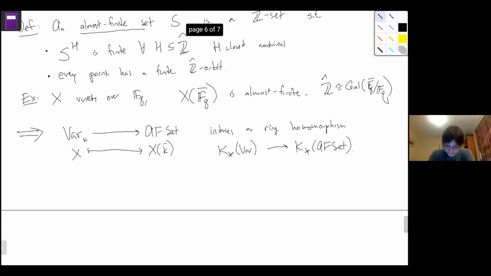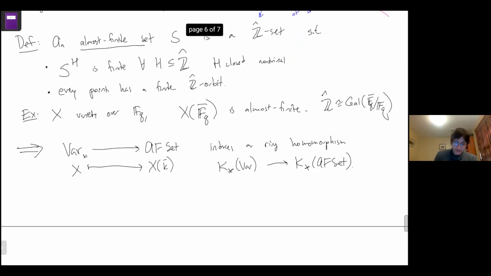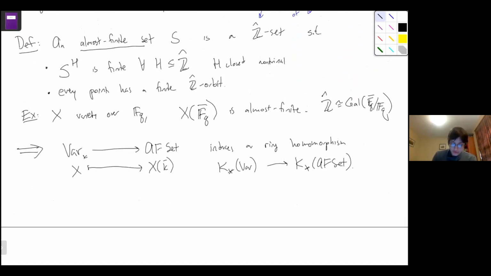But okay, so right. If we're trying to construct this, we get this ring homomorphism, and now we're trying to do something with it. So we'd really like to know something more about this thing here.